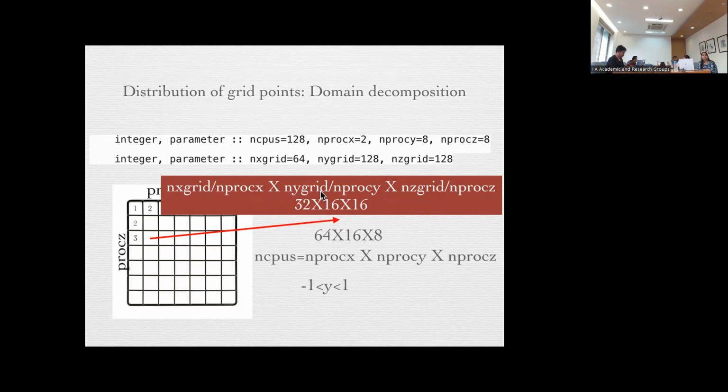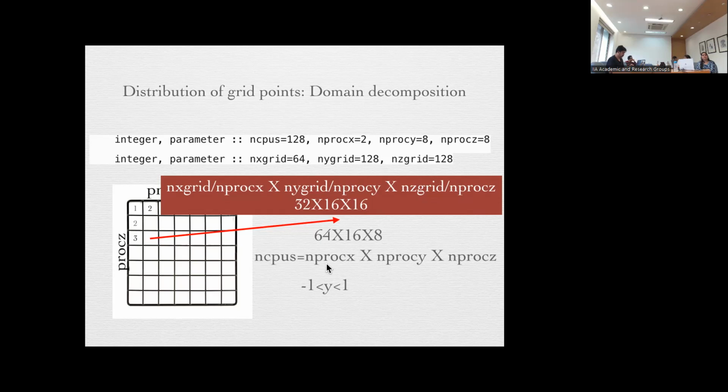Same for ny grid by nproc y and nz grid by nproc z. Once you do this, the numbers you can calculate from here, 64 by 128 by 128, become 32 by 16 by 16. This is the part of the domain which each processor receives.